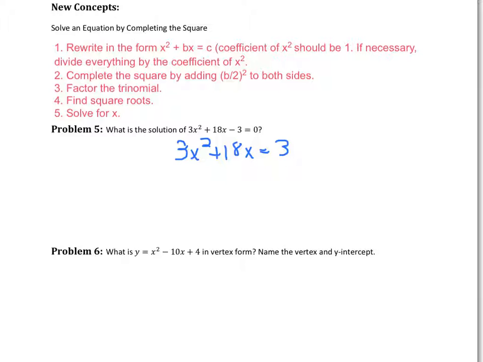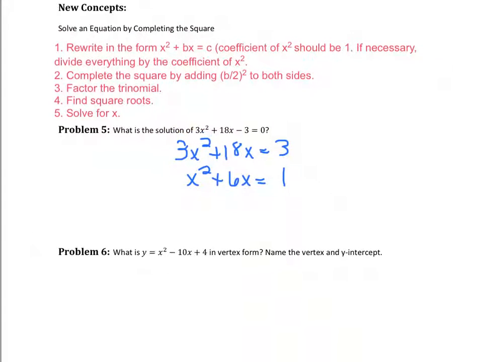So 3x squared plus 18x equals 3 becomes x squared plus 6x equals 1. Then b divided by 2 becomes 6 divided by 2, which is 3. To each side we add b over 2 squared, which is 9, 3 squared. So it becomes x squared plus 6x plus 9 equals 1 plus 9, adding that b over 2 squared on both sides of the equation.